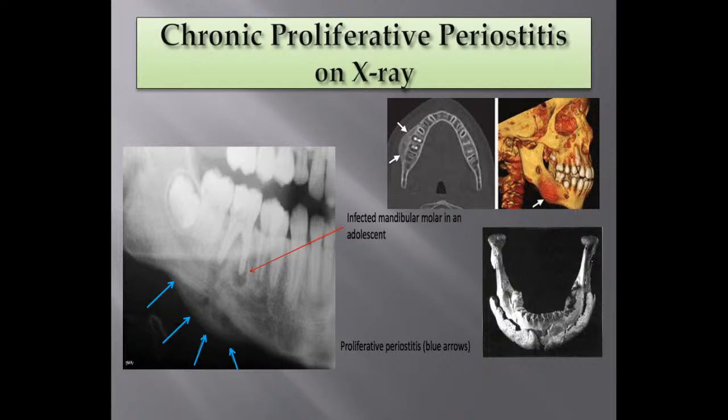And on this X-ray, on the slide, you can see the proliferative form of periostitis. And here you can see proliferation of the periosteum on X-ray.